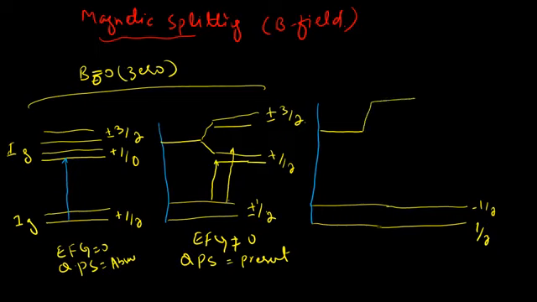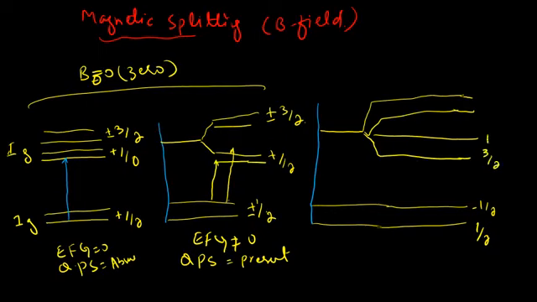The states will be like this one: plus 3 by 2, plus 1 by 2, minus 1 by 2, and minus 3 by 2.